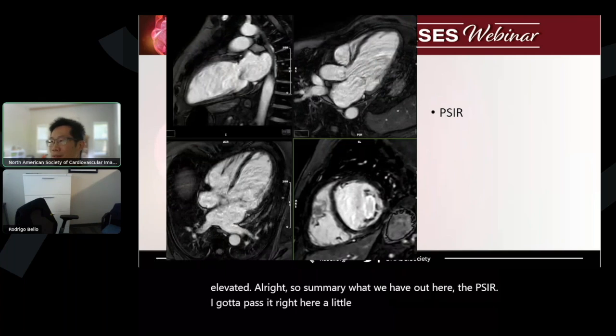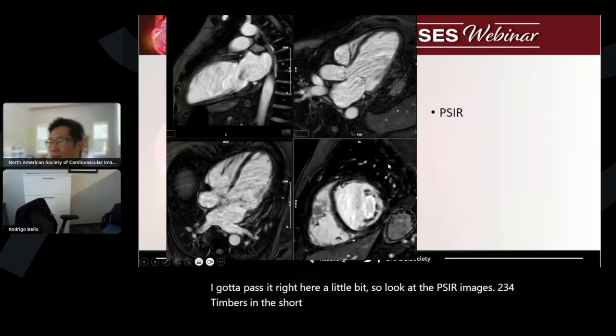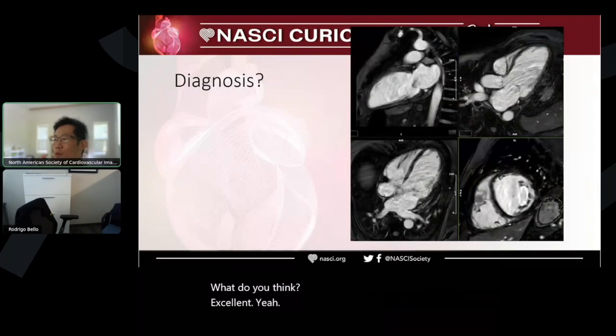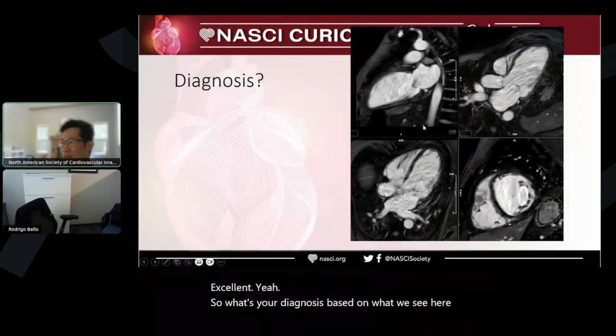So look at the PSIR images, 2, 3, 4 chambers and the short axis. What do you think? Excellent. So what's your diagnosis based on what we see here? Severely reduced LV function.